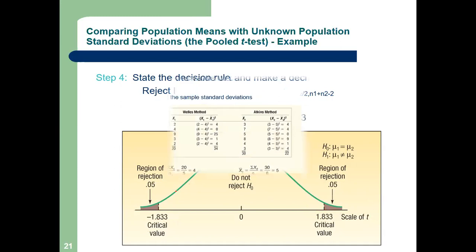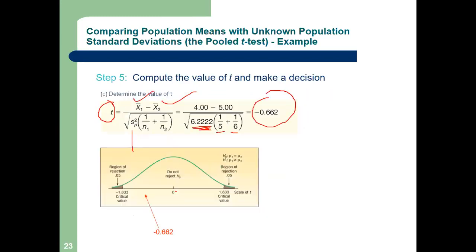Now, what was our T cal? Minus 0.662. So where does my T cal lie? See my screen. Rejection region or acceptance region? We do not reject region. Excellent, Akshita. So 0.662, we are in the do not reject region, so we will accept the null hypothesis.